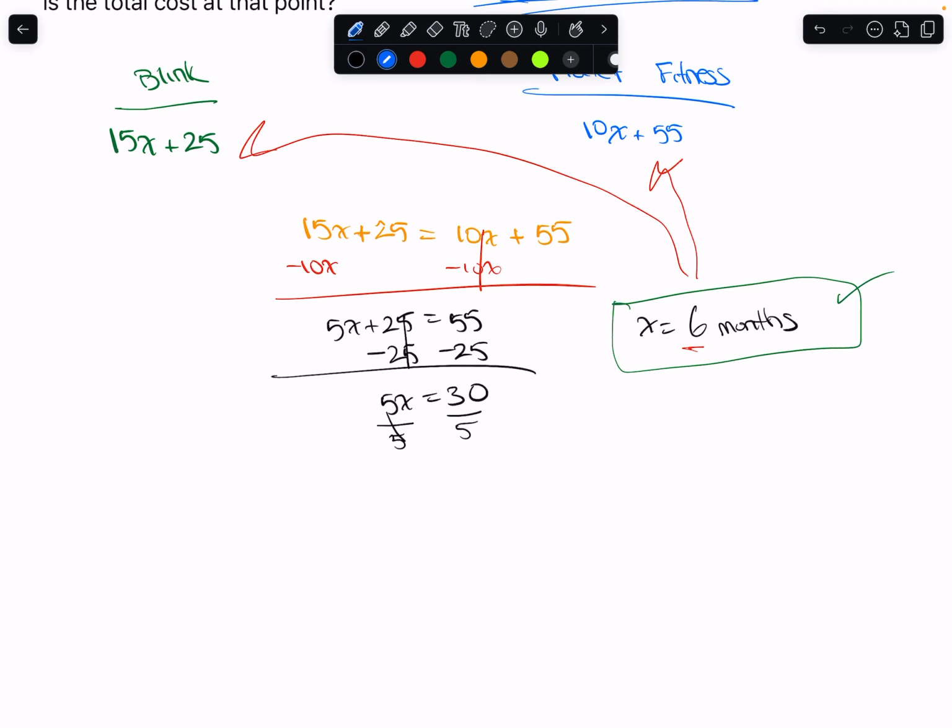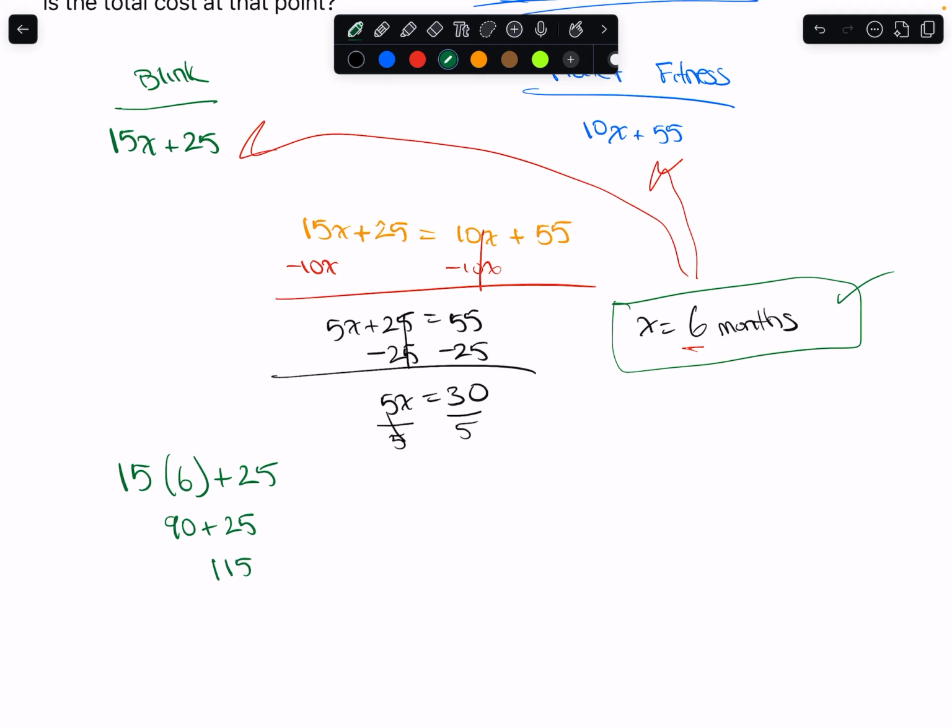So let's try it. We'll compare for Blink and Planet Fitness. We have here 6 representing 6 months. 15 times 6 plus 25, which is 90 plus 25, which equals 115.